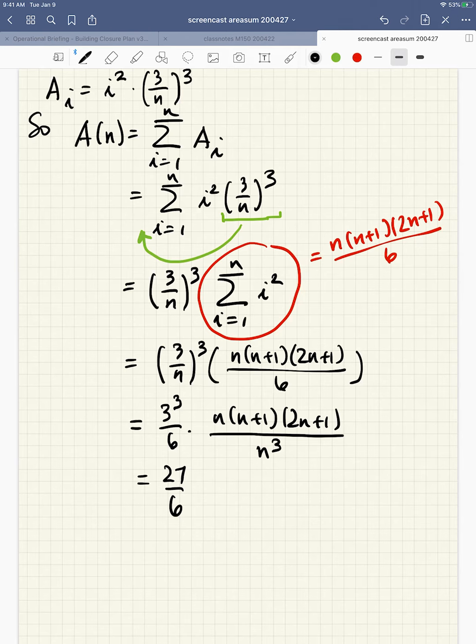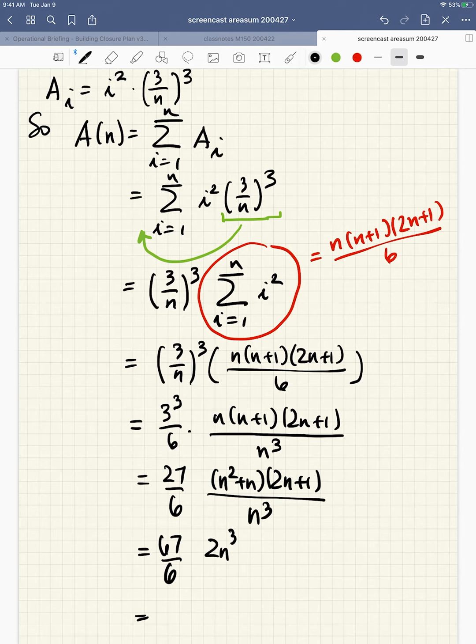And this over here, how do I simplify this? N squared plus n times 2n plus 1. That's the first step. The second step is multiply this out, and what do I get? I get 2n cubed plus 3n squared plus n all over n cubed.